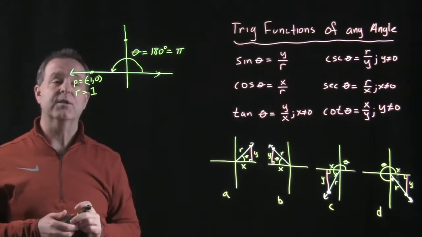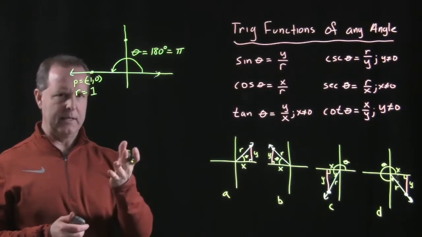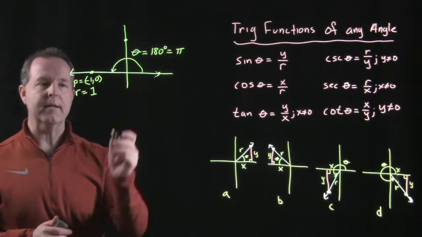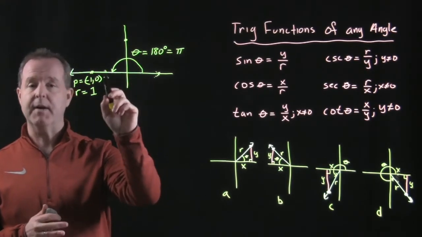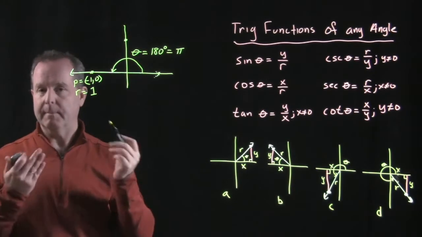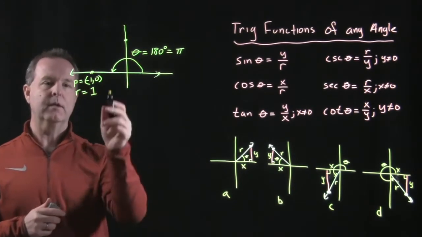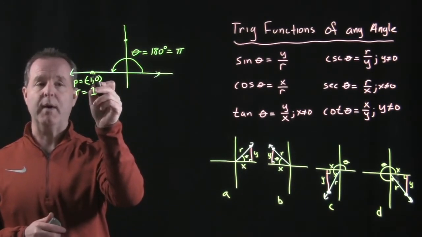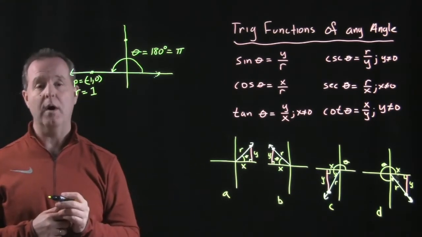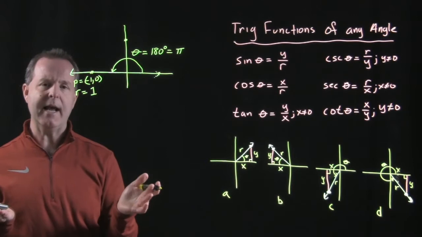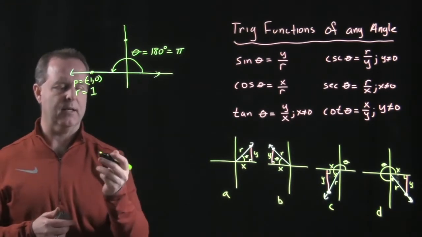This quadrantal angle that we're looking at now is 180 degrees. So theta, 180 degrees, or in radian world, pi radians. Let's choose a point. We're going to choose a point -1 and 0 so that we have a radius equaling 1. So let's see what the sine and tangent functions look like in this particular case.